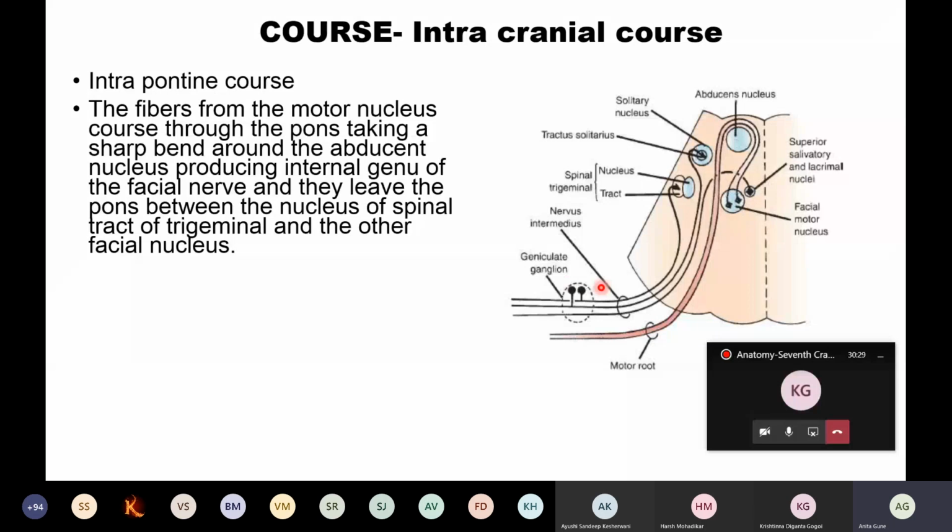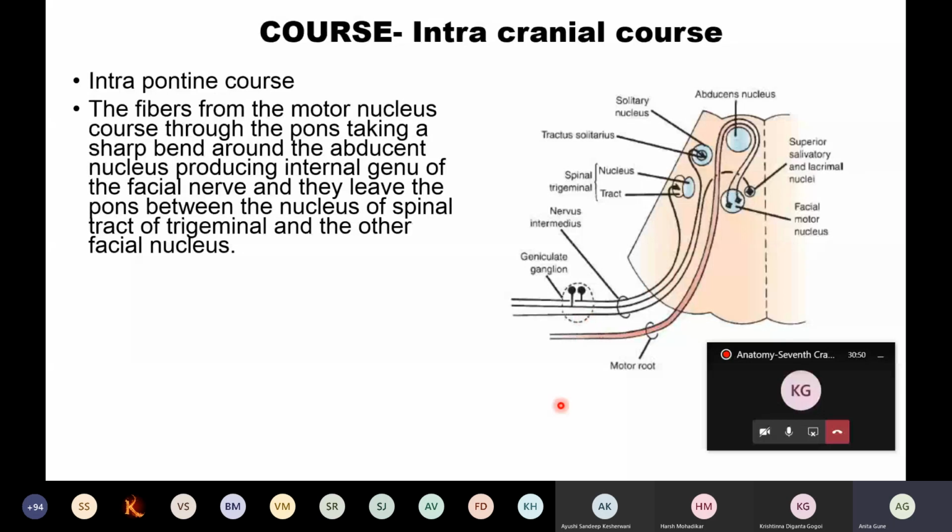Coming to the sensory fibers, these fibers will be carried to the geniculate ganglion. They will go to the solitary nucleus or tractus solitarius nucleus. The efferent fibers go from the superior salivatory nucleus, and also the general somatic afferent fibers will be arising from here.